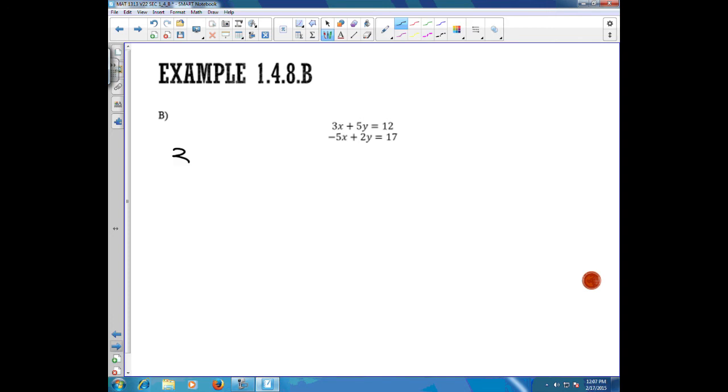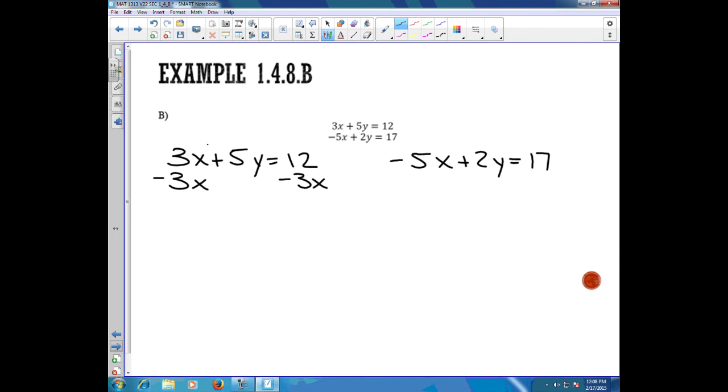We have 3x plus 5y is equal to 12, and negative 5x plus 2y is equal to 17. We need to compare the slopes of these two lines, so we first need to write them in slope-intercept form. On the first equation, we're going to subtract 3x from both sides, and we'll get 5y is equal to negative 3x plus 12.